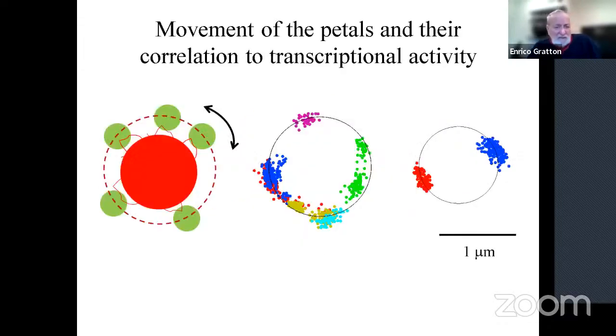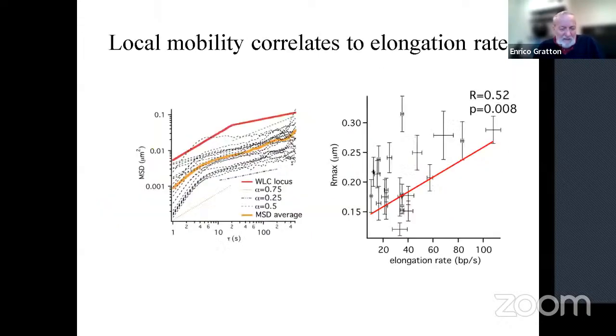So here we have the petals. This is the gene, and it extends a little bit where the polymerase is acting. Then we have 1, 2, 3, 4, 5, 6, 7 genes, and we can compare one gene with another. Next slide, please.